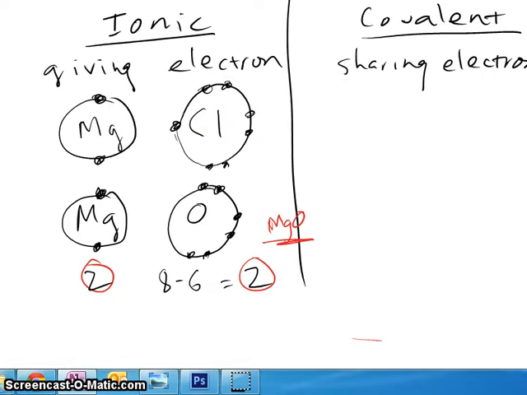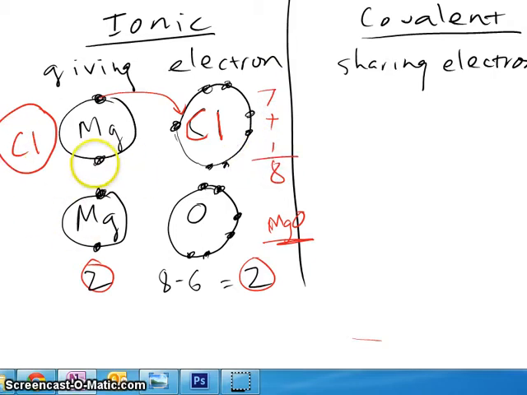Magnesium wants to give 2. So what is it going to do? It finds itself another Cl that also wants 1. So this Cl wants 1, this Cl wants 1, so magnesium will give this Cl 1. Then the Cl has 8. Remember, it has 7 and it wants 8. So 7 plus 1 is equal to 8.